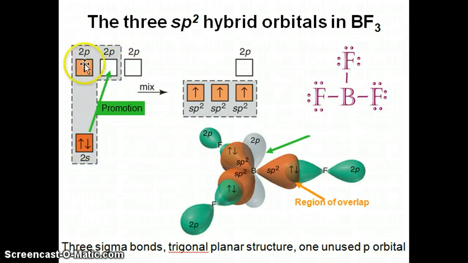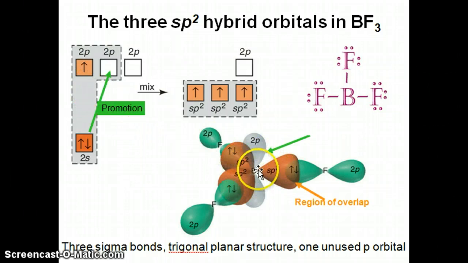Because you have 2 p orbitals combined with 1 s orbital, the name becomes sp2, and since you have 3 orbitals to start, you also have 3 orbitals to end, and so you have 3 sp2 orbitals that are now part of boron instead of using the standard orbitals.